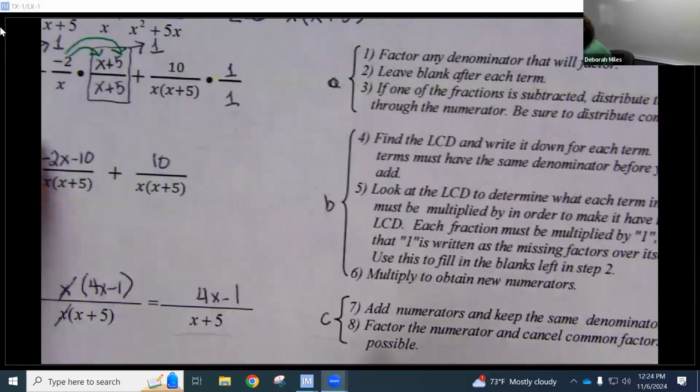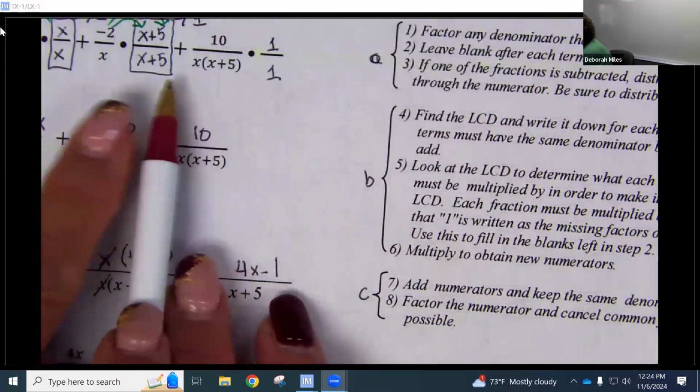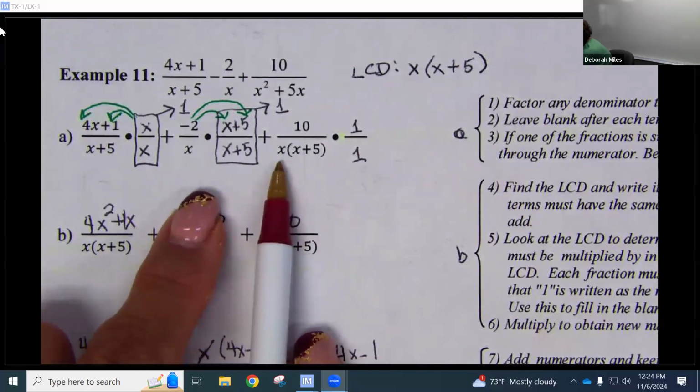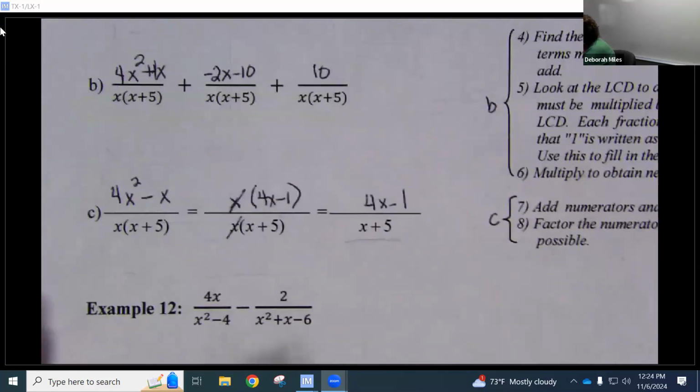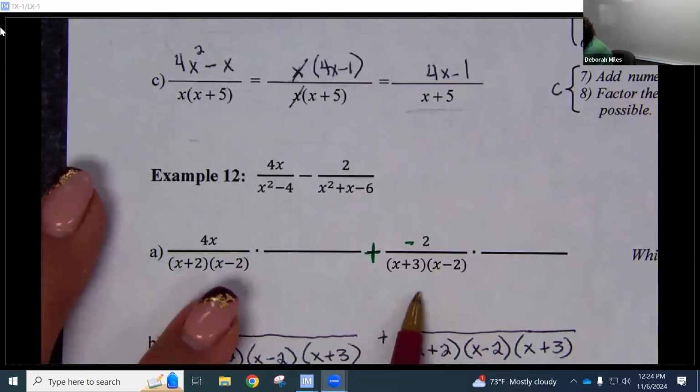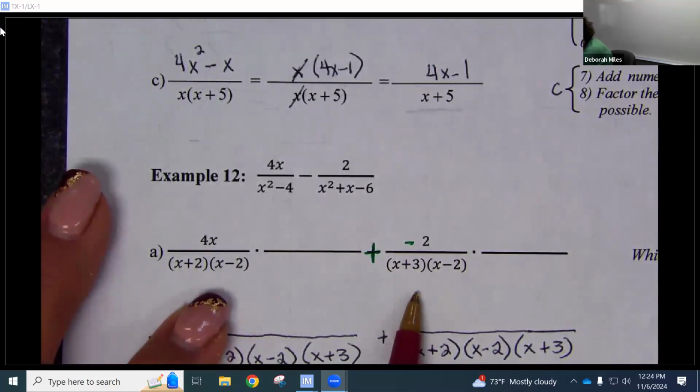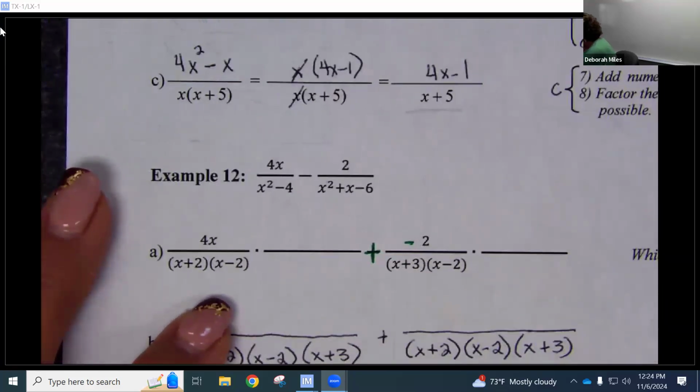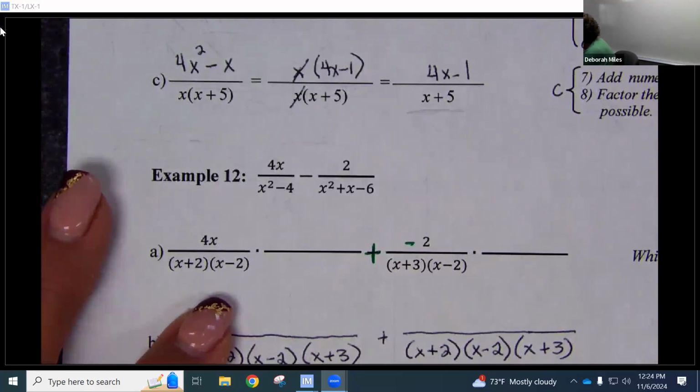So here, the LCD had to have the x plus 5, but it also had to have the x. Now, in example 12, we don't have a factor that's plain old x. So it's not going to have to have a plain old x. So maybe 4x, so. Okay, why don't you punt and I'll come back to you, is that okay?